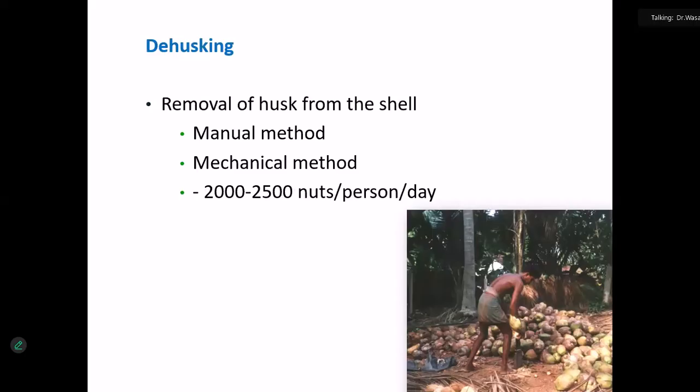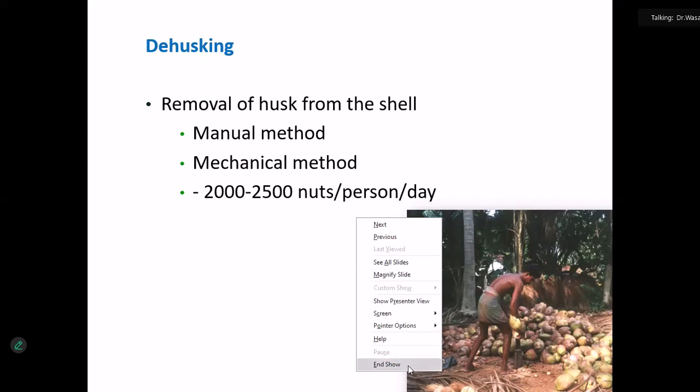Normally, this is around 2,000 to 2,500 nuts per person per day on average. Normally, 2,000 to 2,500 nuts per day. You should know this one.